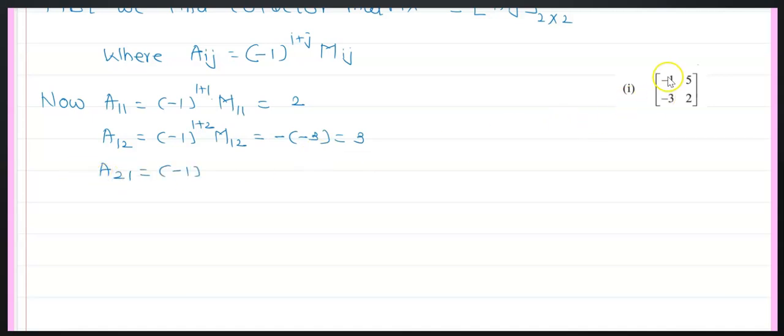A21, this is minus 1 raised to 2 plus 1, that is a minus, and 5. Overall it is a minus 5. Next is A22, therefore M22 is minus 1, overall it is a minus 1.